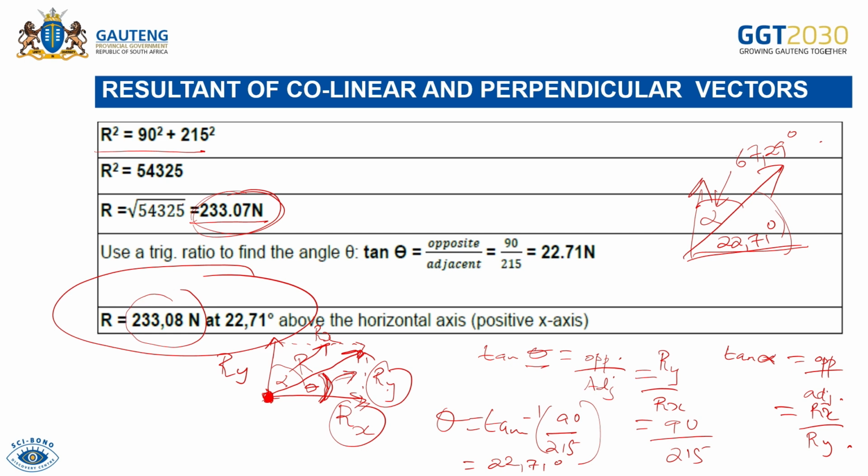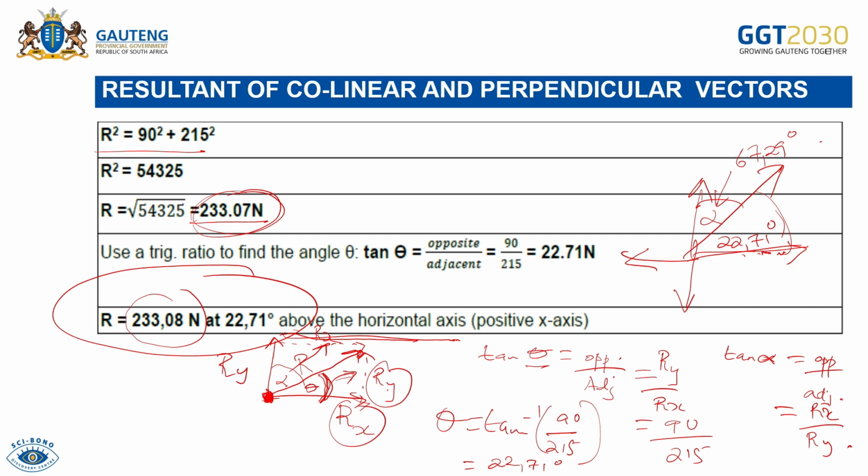Then at 22.71 degrees, you can complete your Cartesian plane. Where is this 22.71? It is above the positive x-axis. So you can see that it is above the positive x-axis.